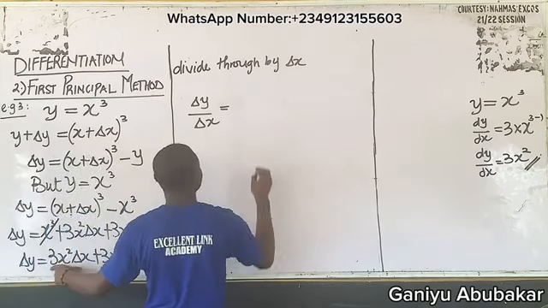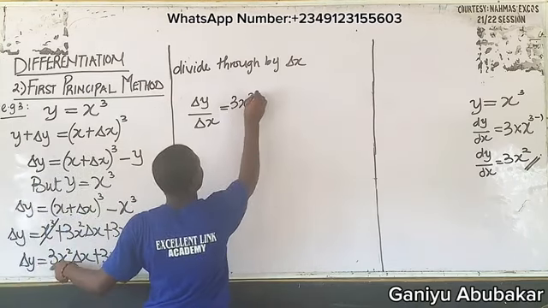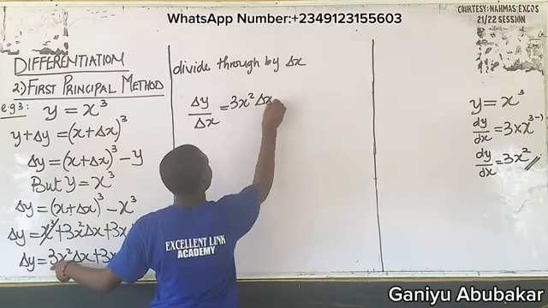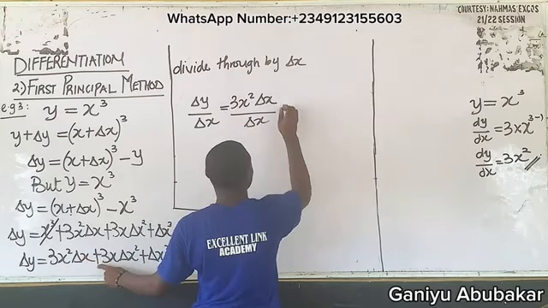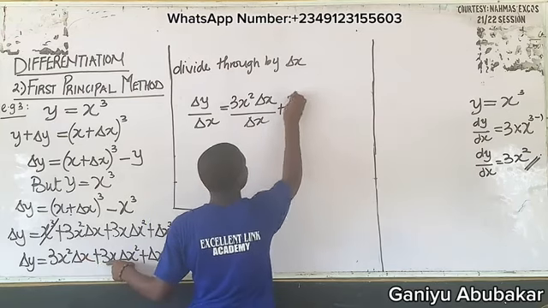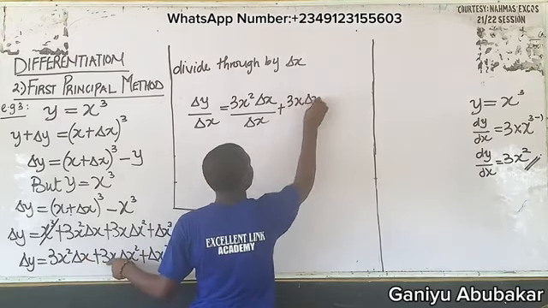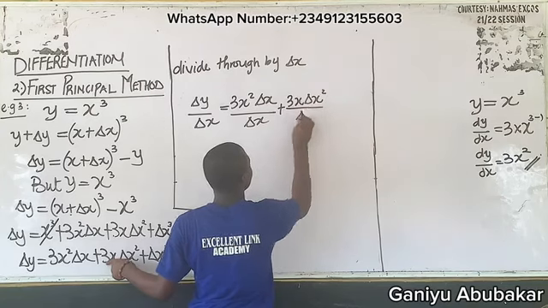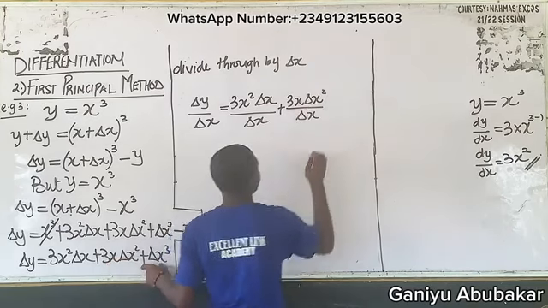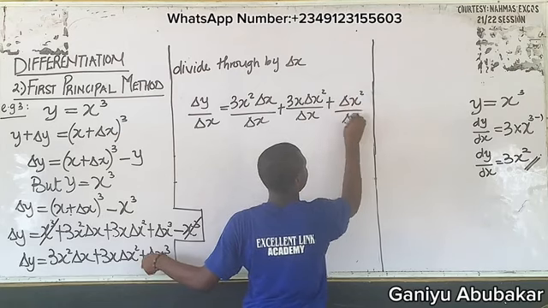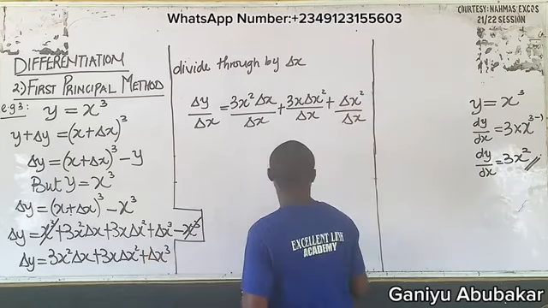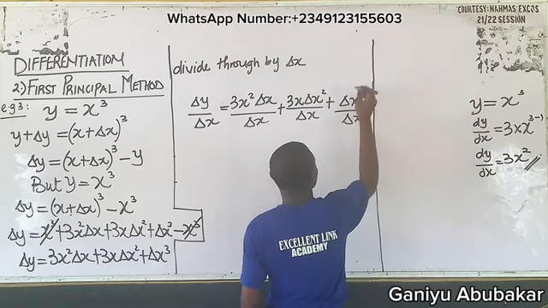From here, I'll have 3x squared change in x over change in x. That's the first one, plus the second one is 3x change in x squared over change in x. The last one there is plus change in x cubed over change in x.